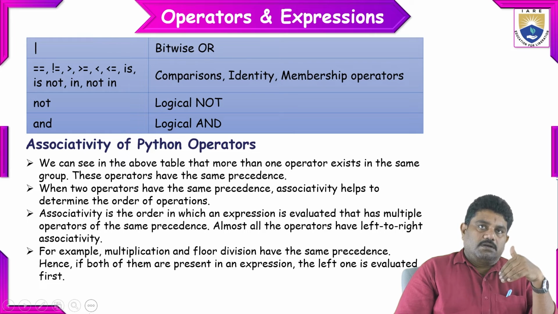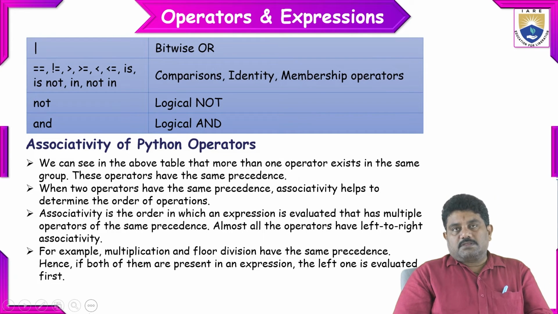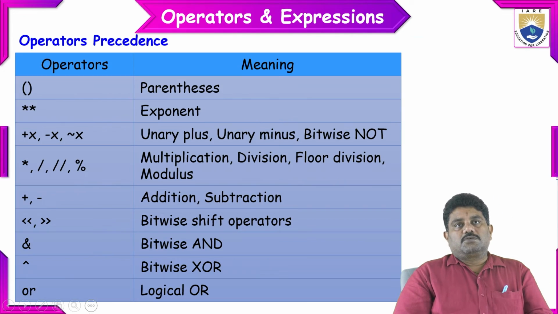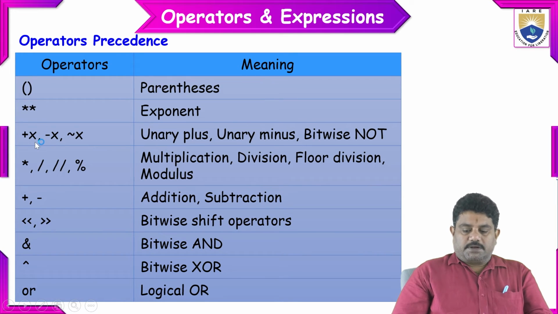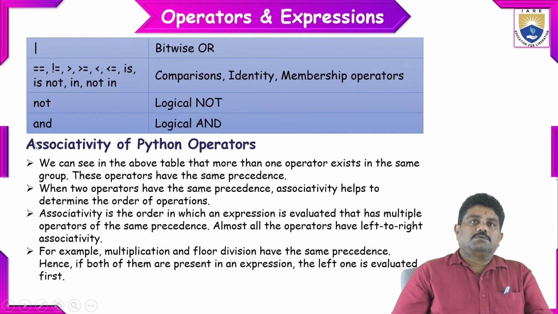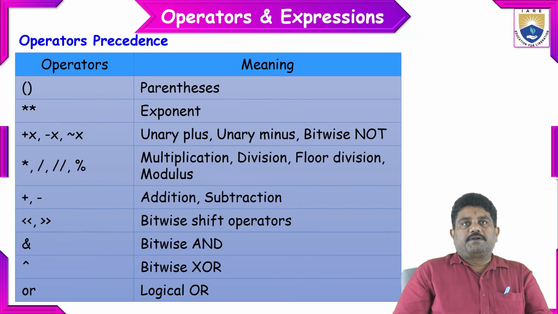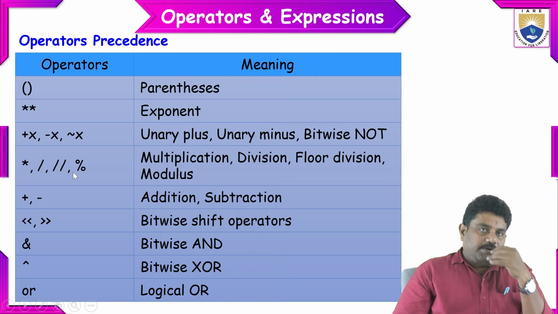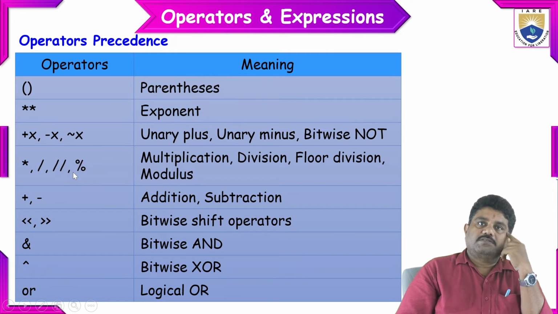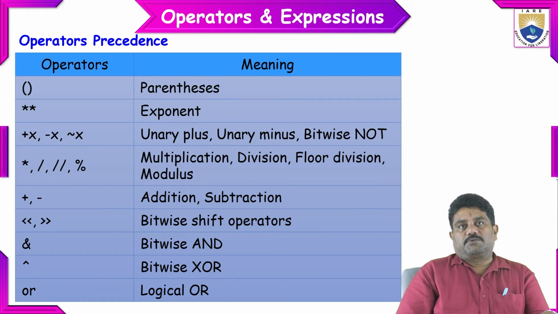This is the hierarchy, these are the priorities. Starting from the highest priority, parenthesis having the highest priority, the priority reduces step by step to the end. Based on the precedence, the expression will be executed.